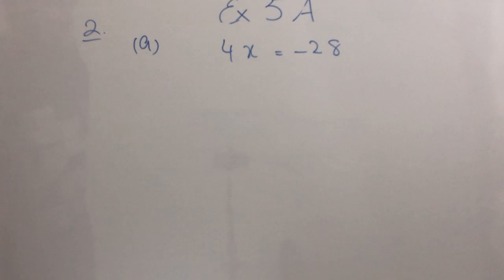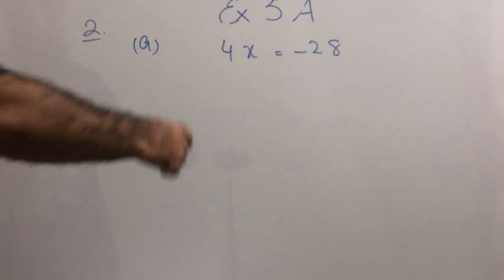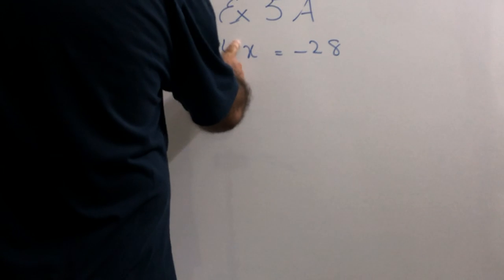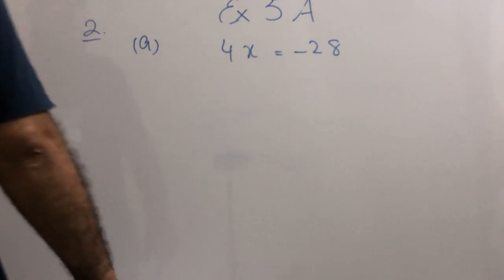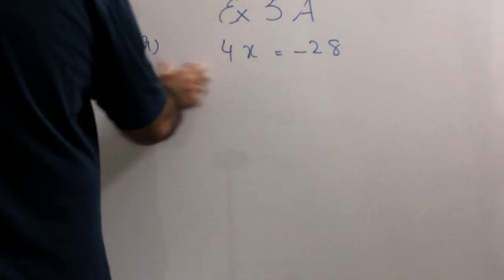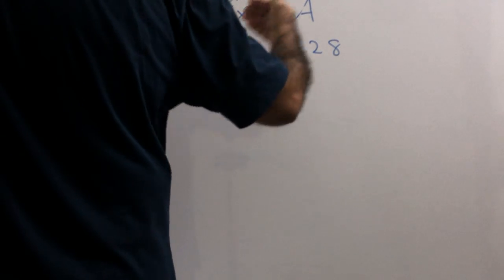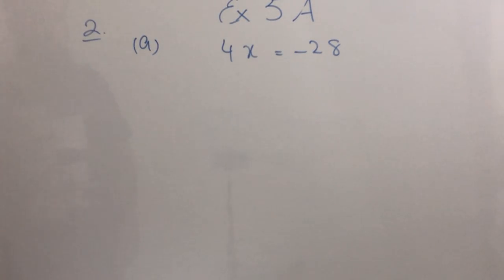Now in this question we are looking for the value of x. So when we look at this equation, we feel that we don't want this 4 with x. We need x alone on the left side so that we can get some value on the right side.